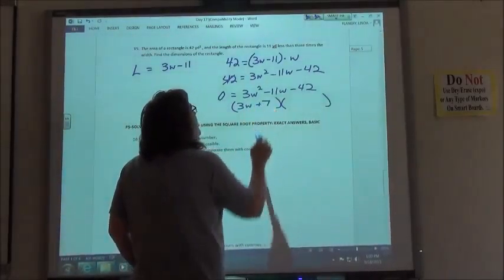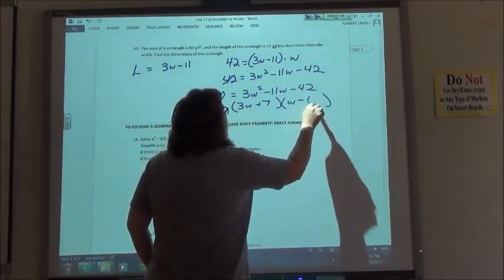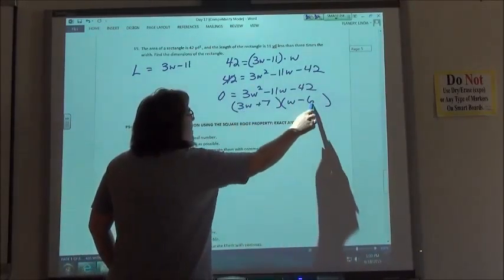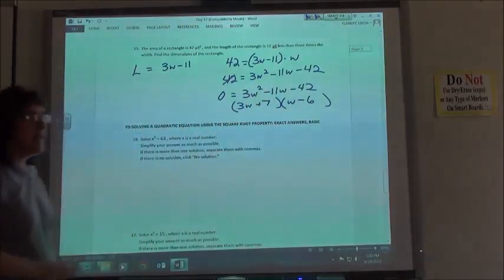W plus 7, and W minus 6. That gives me negative 18 plus 7, which is negative 11 in the middle.